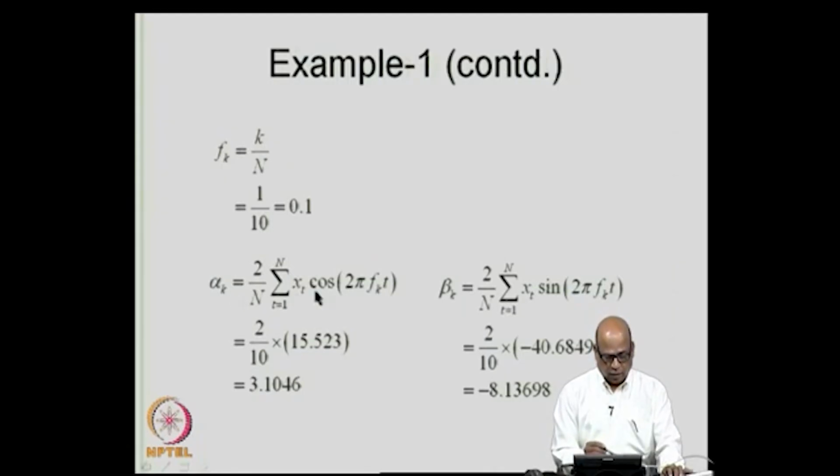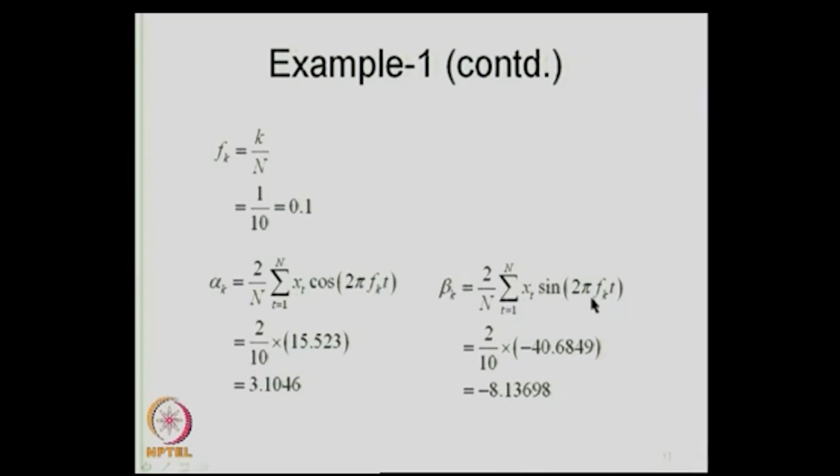You get alpha k as 2 by n, which is 2 by 10, into the summation of x t cos 2 pi f k t, and you get alpha k as 3.1046. Similarly, beta k, you sum all the x t sin 2 pi f k t terms over t is equal to 1 to n, and you get beta k as minus 8.3698. So, for a specified k, you know how to get alpha k and beta k.